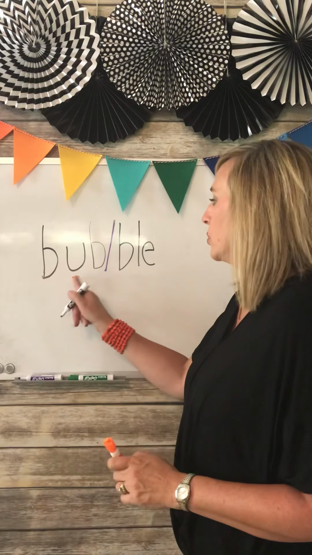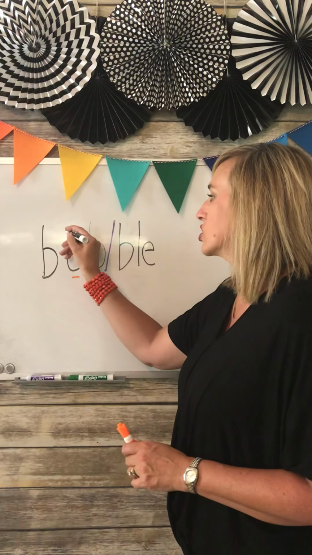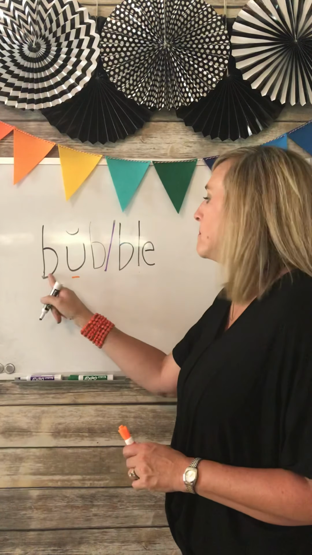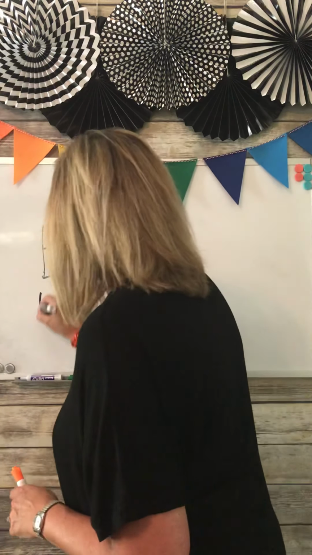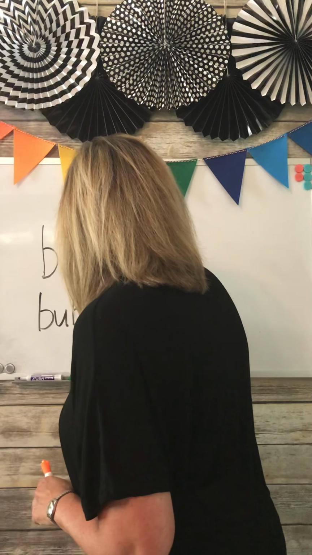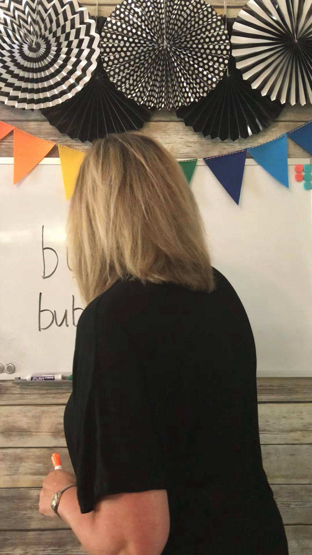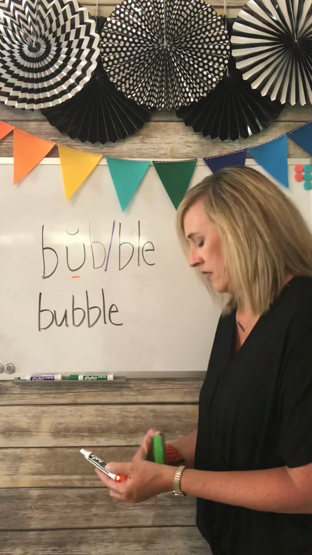Now that U is closed off by that final consonant, so it'll make its short sound. Bubble. So you should spell bubble B-U-B-B-L-E. Go ahead and make sure you have that on your paper.